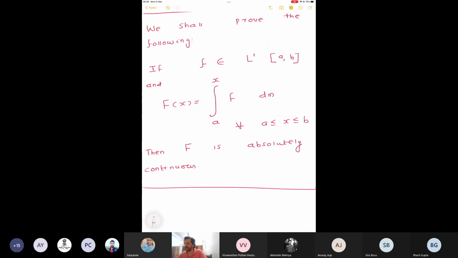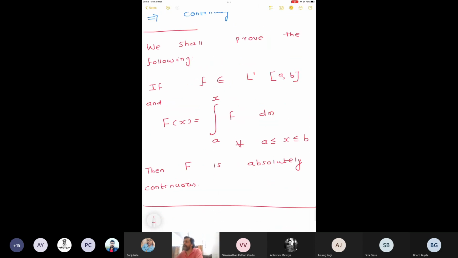In fact, we will prove something more later. If you have a Lebesgue integrable function, its indefinite integral is an absolutely continuous function. This is one way to generate absolutely continuous functions. Take a Lebesgue integrable function and integrate, you will get an absolutely continuous function. So this gives you a rich source of absolutely continuous functions.